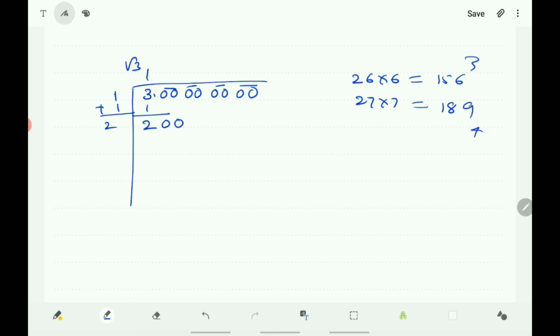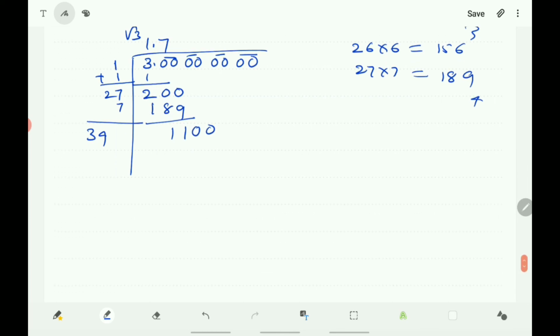So you'll get here 7, it is 189. Then 10 minus 9 is 1, 9 minus 8 is 1, and again you add 7 here, that becomes 34. Take the next group, that is 0 0, 1100. So 3 4 1 into 1 this way. So you can add 3 3s are 9.